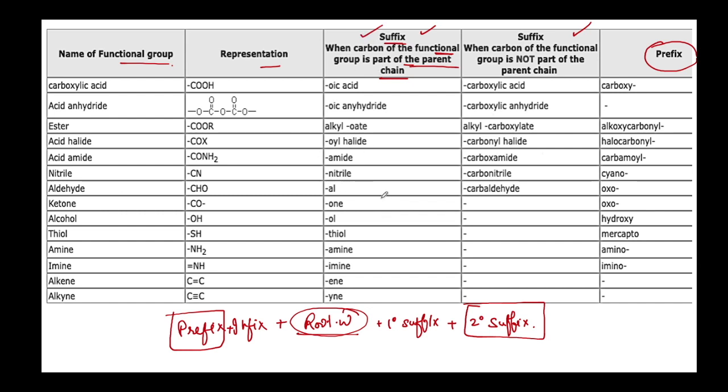If they are not part of the parent chain, then they will be taken as a prefix. Okay, so I will give you some examples later on. First, let's see the name. Carboxylic acid will be known as oic acid when it is part of the chain, and if it is not part of the chain, it will be known as carboxy.